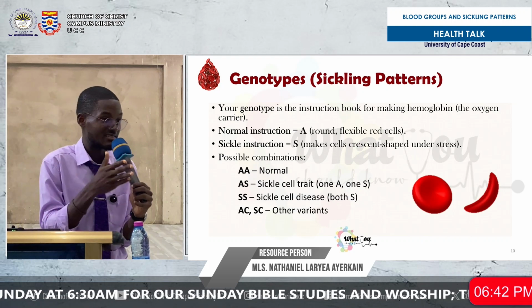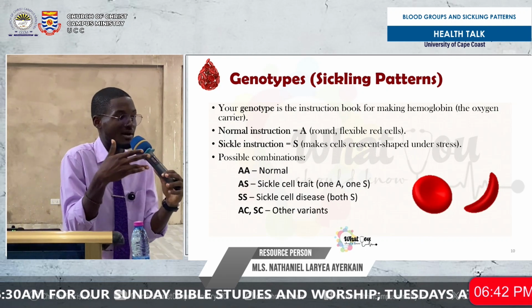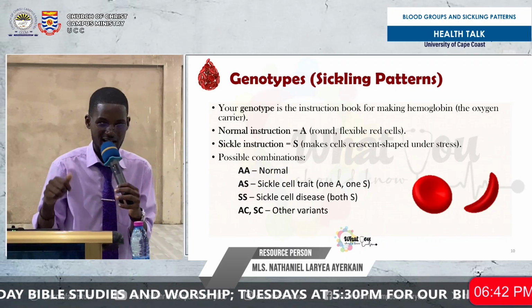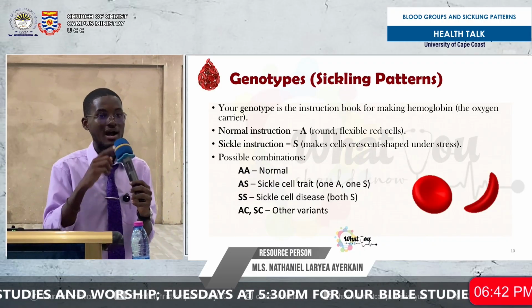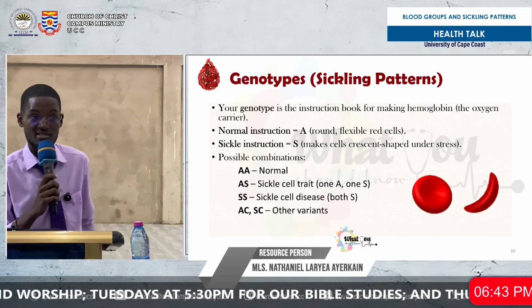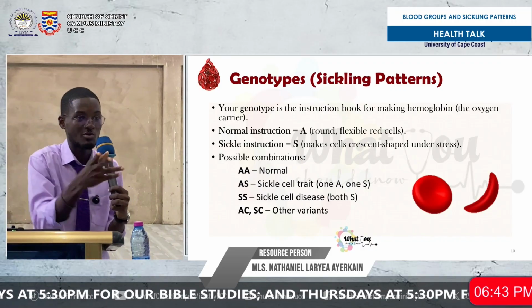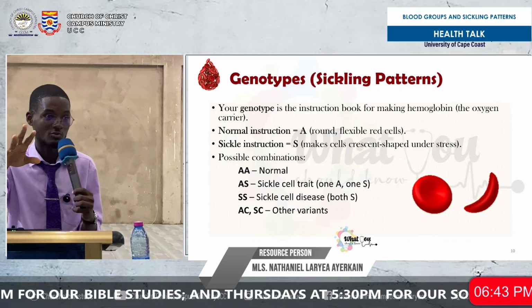It should be flexible. It should be able to squeeze itself so much so that it can enter the smallest capillary. Are we clear? People who have the normal traits can freely do this. For them, their red blood cell can swim into any capillary at all.